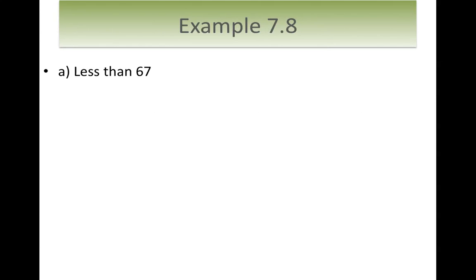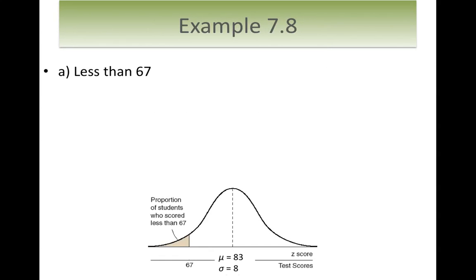To find the answer for the number of students who scored less than 67, we first start with a picture. Since the results are based on a normal distribution, we make our bell curve, and in the very center we label the mean 83 and our standard deviation 8. 67 is a raw score on the left side of 83.